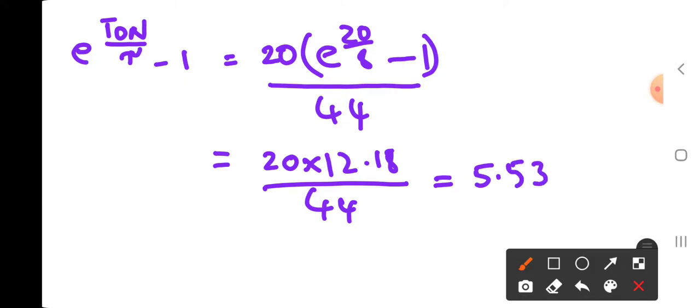Then what is e power T on by tau? Is it 5.53? Just check once.